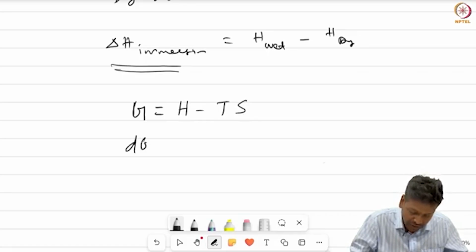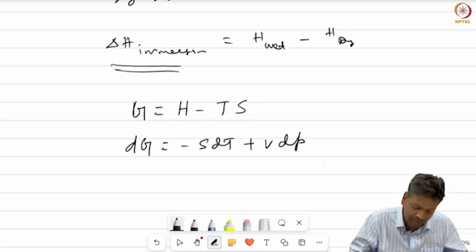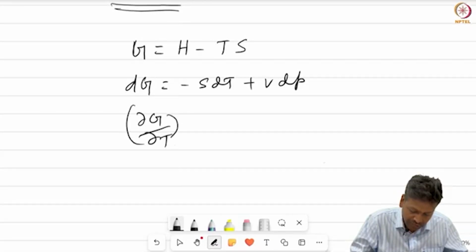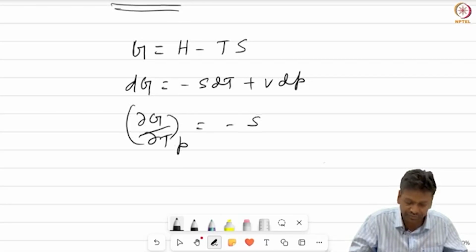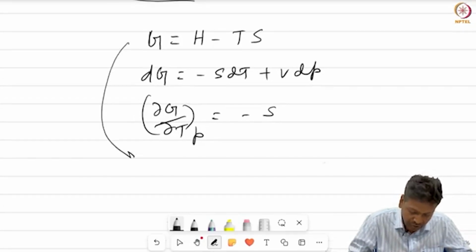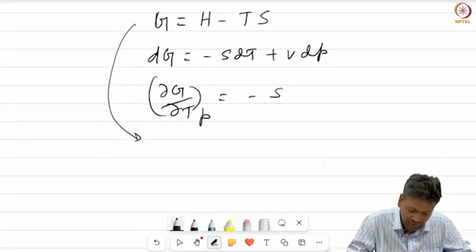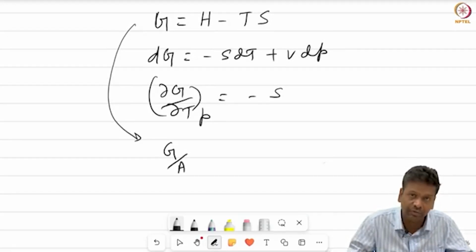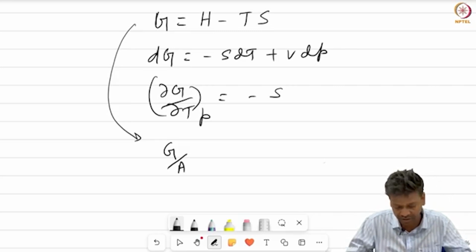And we also know Gibbs free energy in differential form, which is nothing but minus S dT plus V dP. So at constant pressure, we know that dG/dT at constant pressure is nothing but minus S. Sometimes we also refer to the excess Gibbs free energy as G by A itself, which is Gibbs free energy measured per unit area.